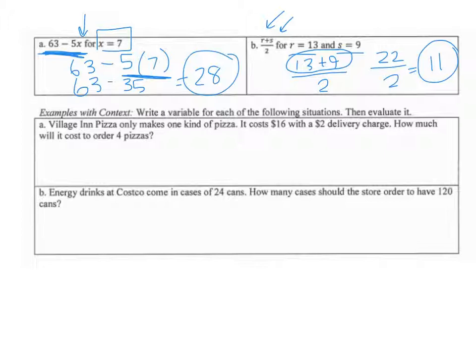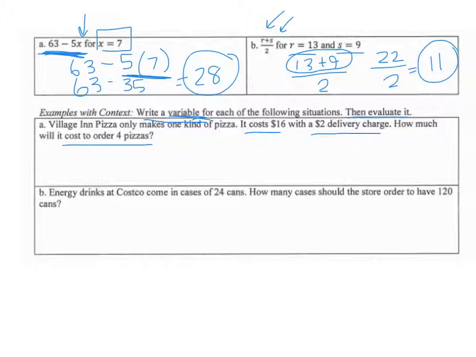Next part, write a variable expression for each, then evaluate. Village Inn Pizza only makes one kind of pizza. It costs $16 and a $2 delivery charge. How much will it cost to order 4 pizzas?